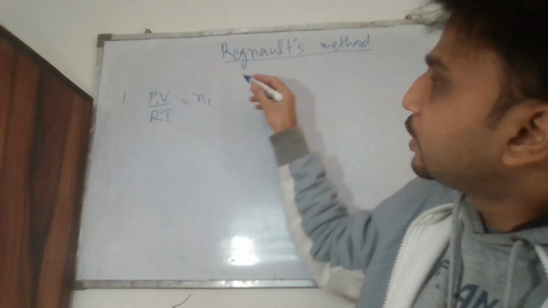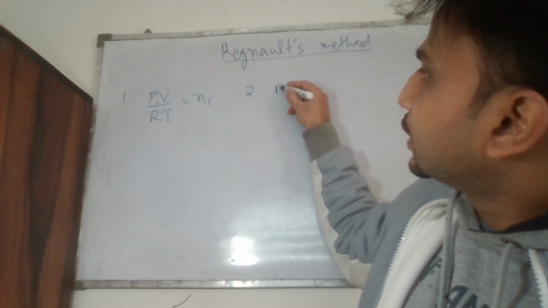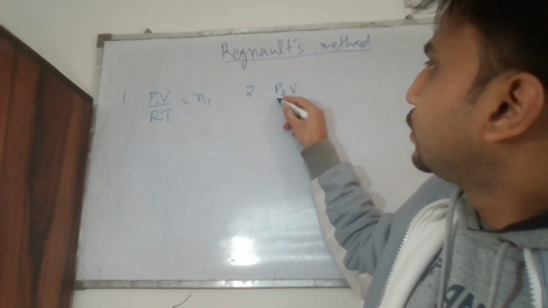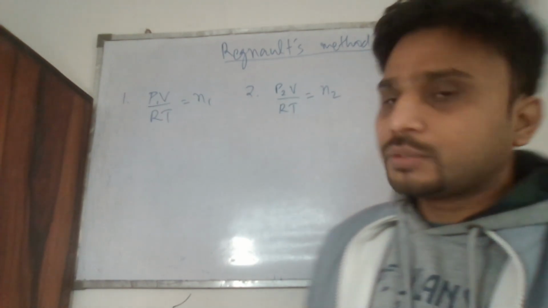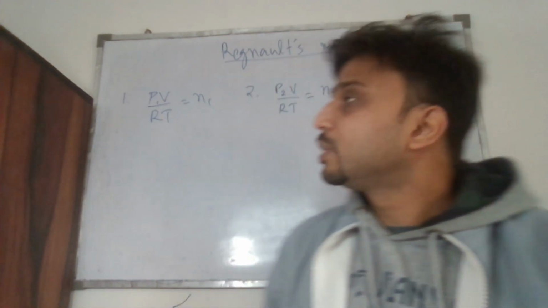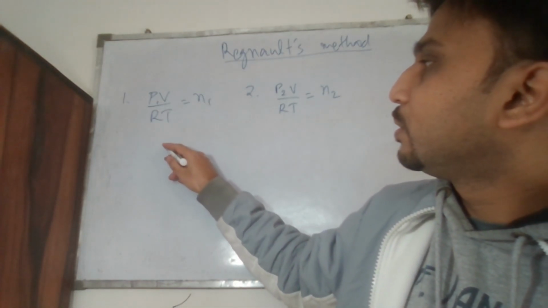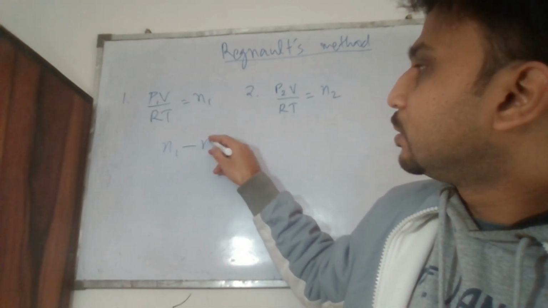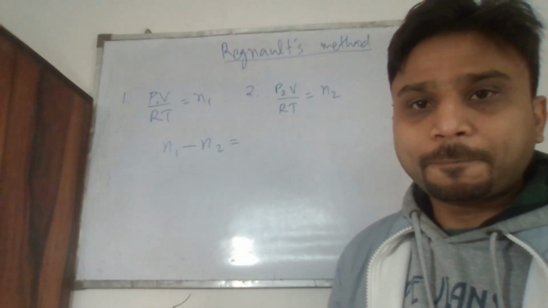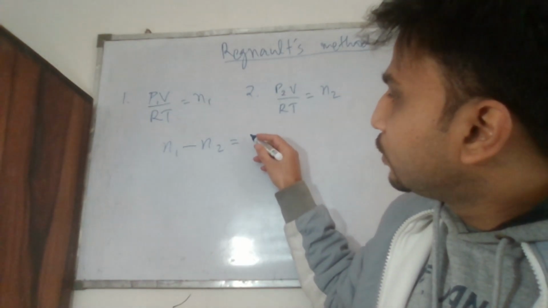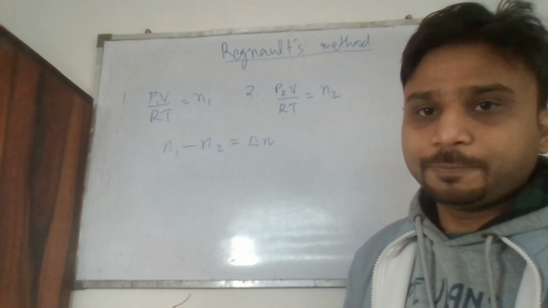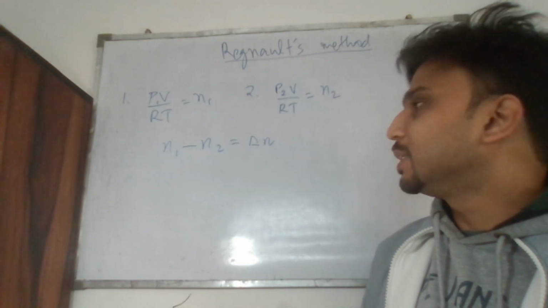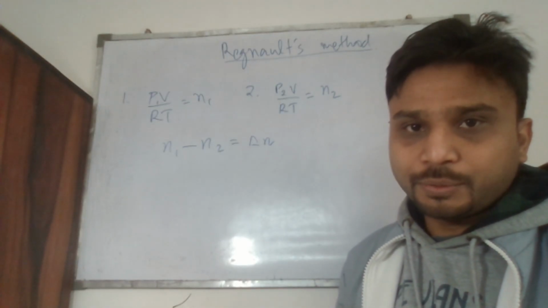Eventually, the gas was at P2, so this was the mole of the gas. If we change the pressure, the moles of the gas have changed, delta n. So this amount of gas we have taken out.